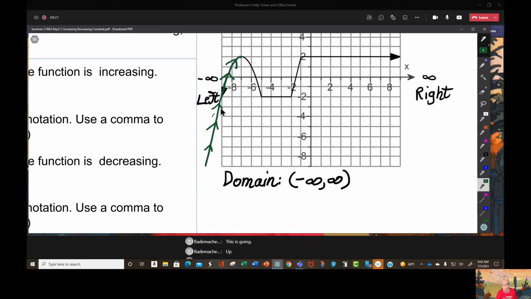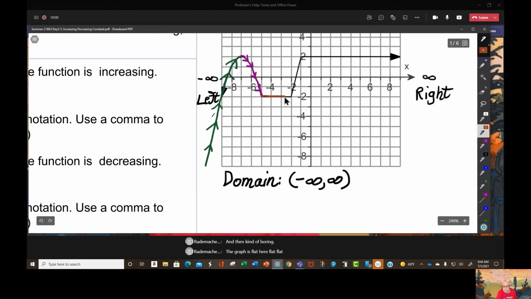Now reading from left to right, the graph is going down, down, down, down, down. And then, kind of boring, the graph is flat here.